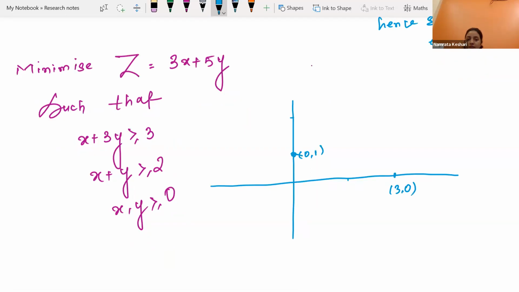A solid line will be there, right, Annapurna? Yes. The shaded portion we have to check. So 0, 0 is not satisfying, right? Yes. So basically this part is the shaded portion.